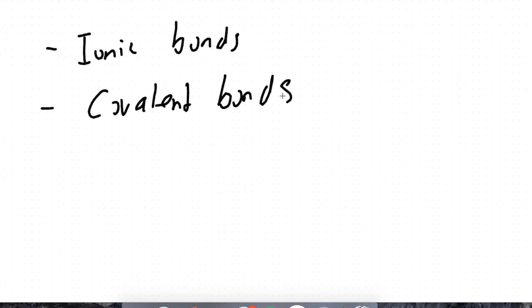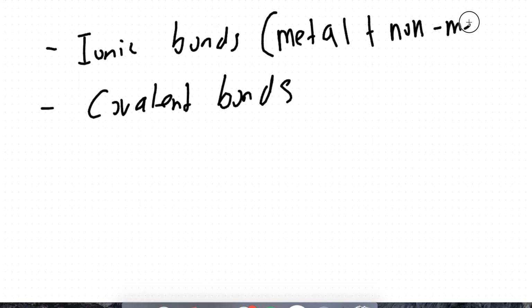Okay. So how do we form these type of bonds? The first thing you need to know is an ionic bond is formed between a metal and a non-metal. A covalent bond is formed between 2 non-metals, or more actually.